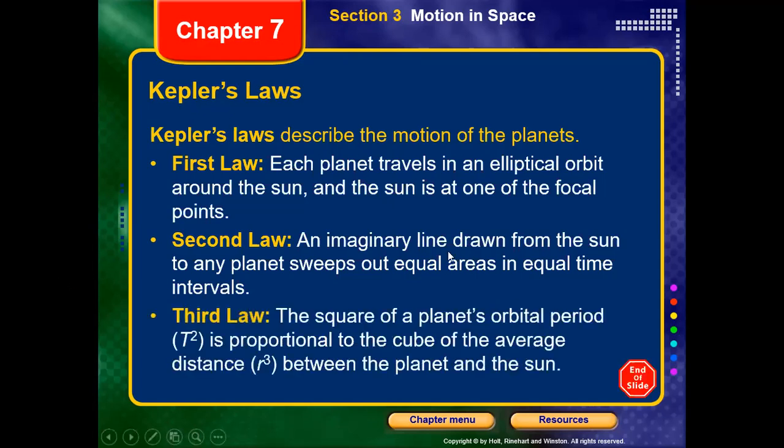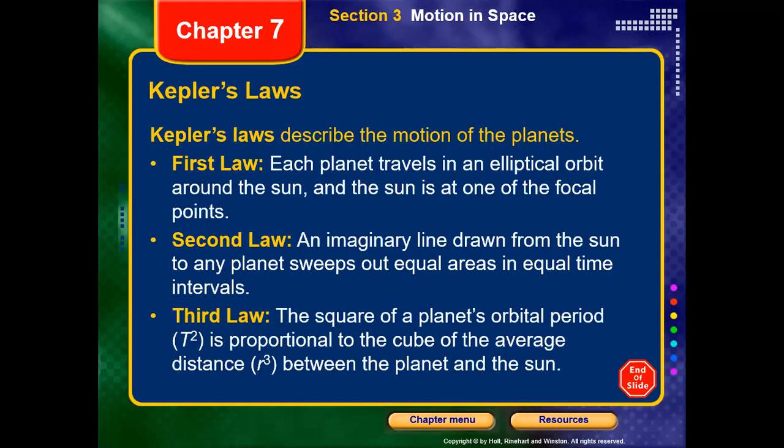The square of the planet's orbit period, which is the periodic time of the planet in its orbit, called T squared, is proportional to the cube of the average distance, r cubed, between the planet and the sun. R is the radius of the orbit, or the distance between the planet and the sun while it rotates.